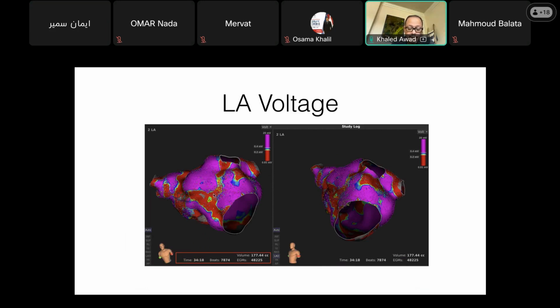In that area, you just have to be very careful with your power and your contact force. This was the pre contact force era, so we didn't have contact force sensing catheters at that time. I'm pretty sure contact force was too high.